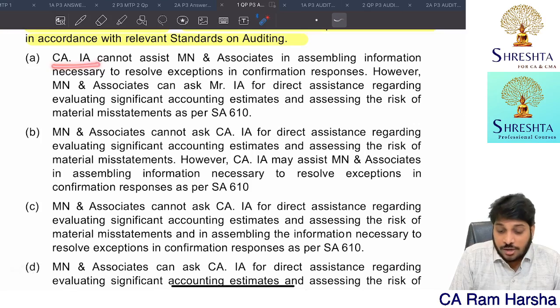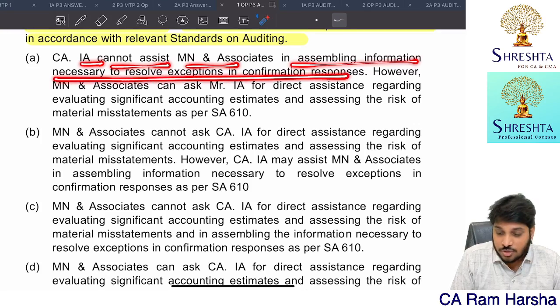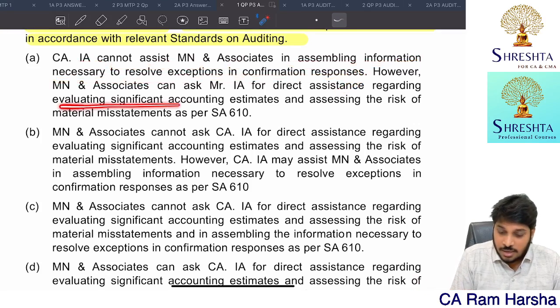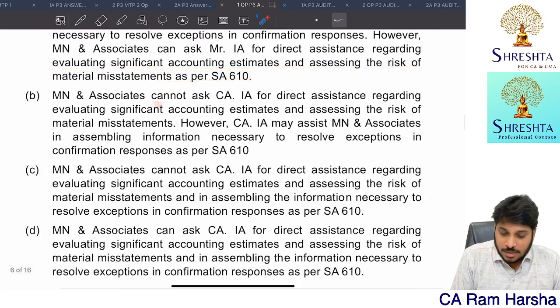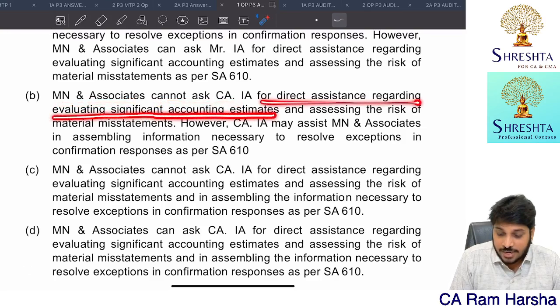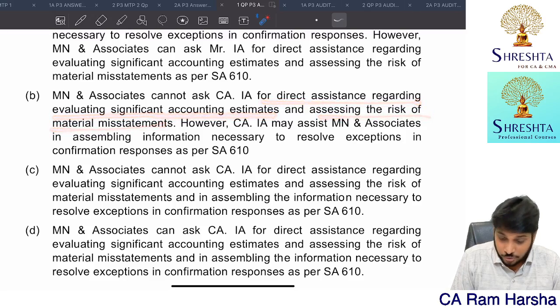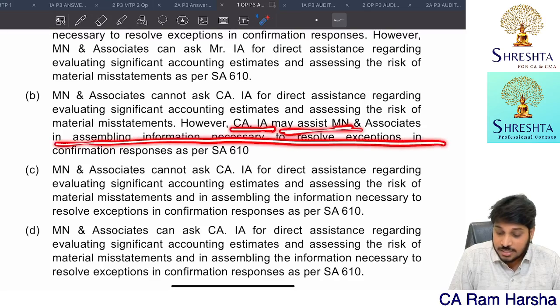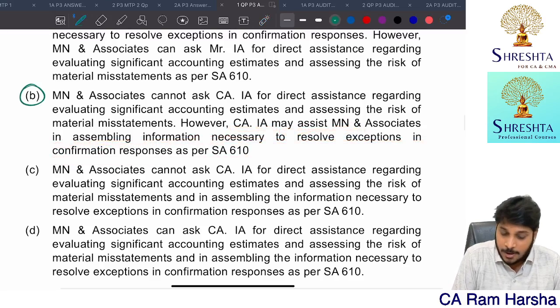The option saying the internal auditor cannot assist MN in assembling information necessary to resolve exceptions is wrong; there he can use. The option saying he can use it for significant accounting estimates is wrong. M and Associates cannot ask the internal auditor for direct assistance regarding evaluating significant accounting estimates and assessing the risk of material misstatement. Of course, correct. However, the internal auditor may assist MN in assembling the information necessary to resolve the exceptions. Yes, the answer is B.